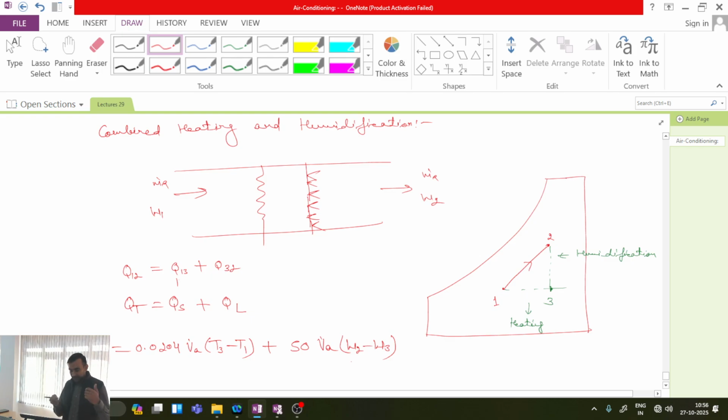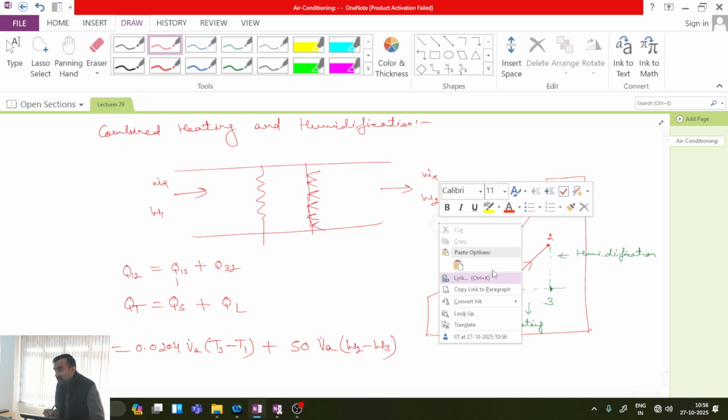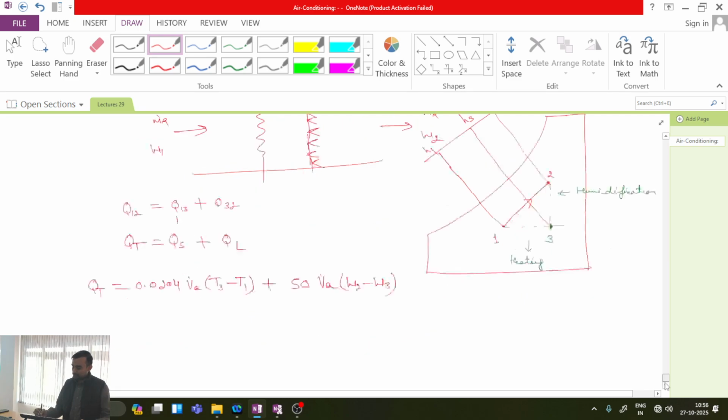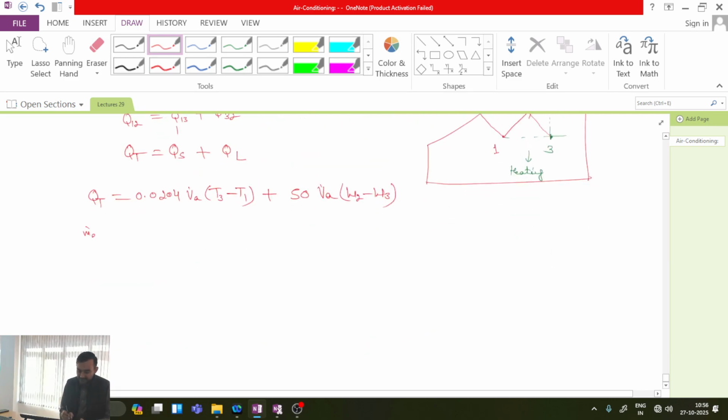Okay. The other way of calculating this load is also very simple. From here you can read enthalpy H1, a constant enthalpy line, then another constant enthalpy line passing through 2, another constant enthalpy line passing through 3. Likewise on this scale you will get H3, H2 and H1. So total load will be m dot A into H2 minus H1.